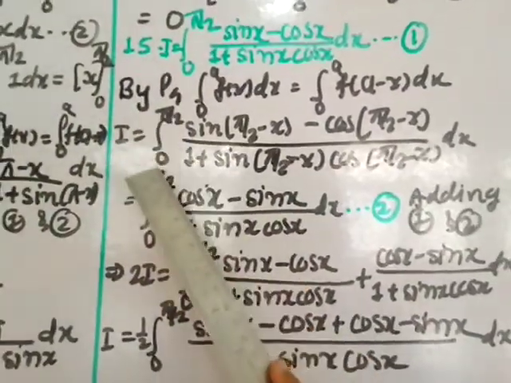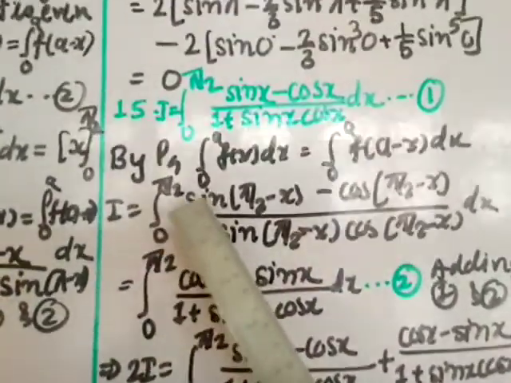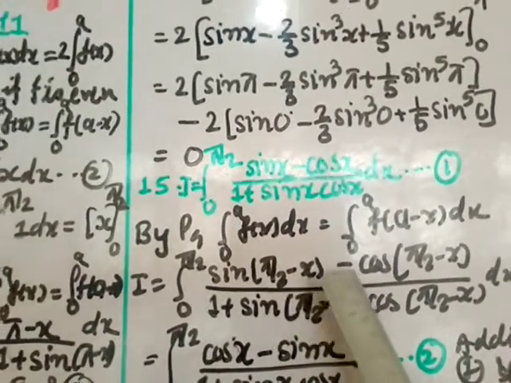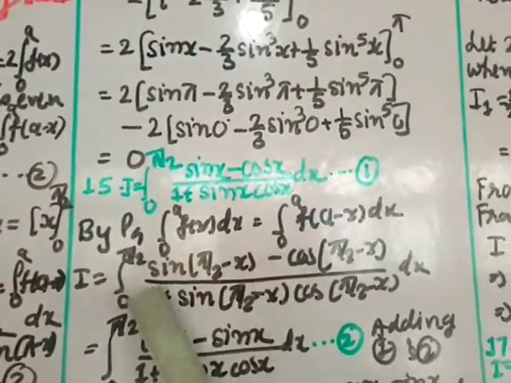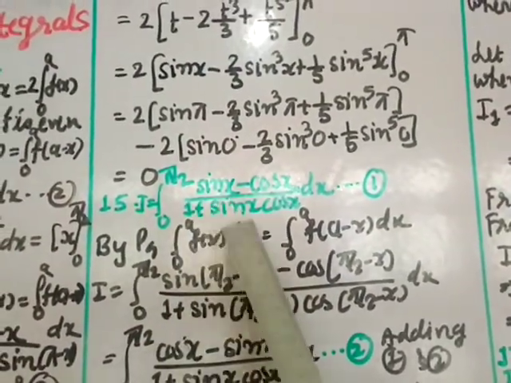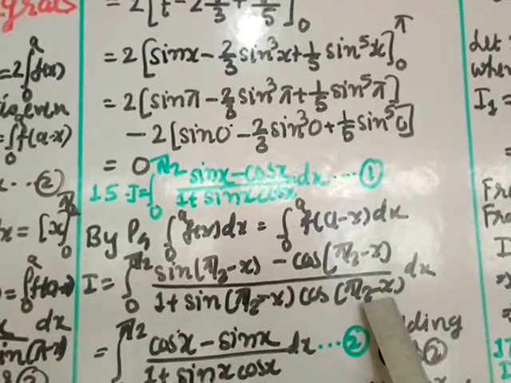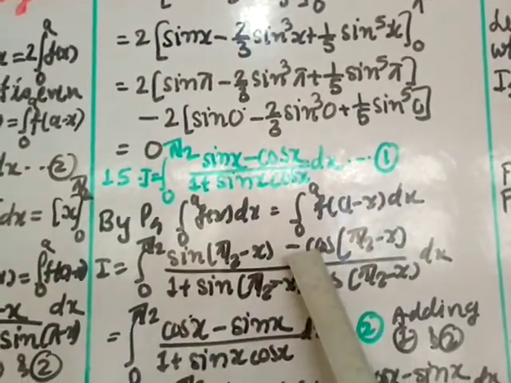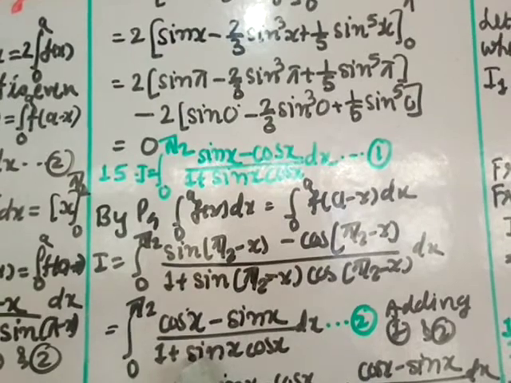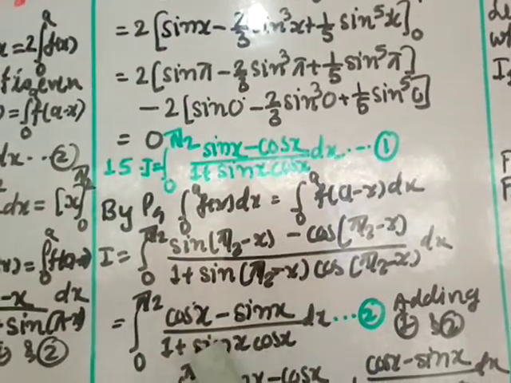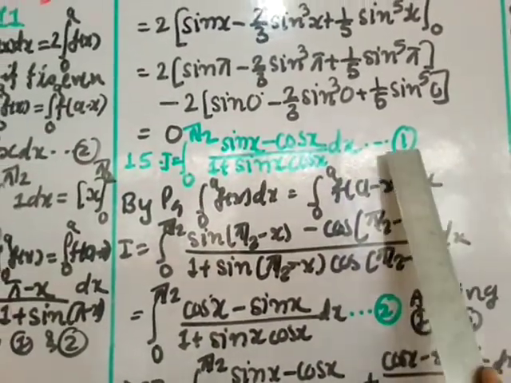So I is equal to integral 0 to π/2 of (sin(π/2 - x) - cos(π/2 - x)) divided by (1 + sin(π/2 - x) cos(π/2 - x)). Sin(π/2 - x) gives you cos, and cos(π/2 - x) gives you sin, so sin becomes cos and cos becomes sin. Call it number 2. Now add 1 and 2.